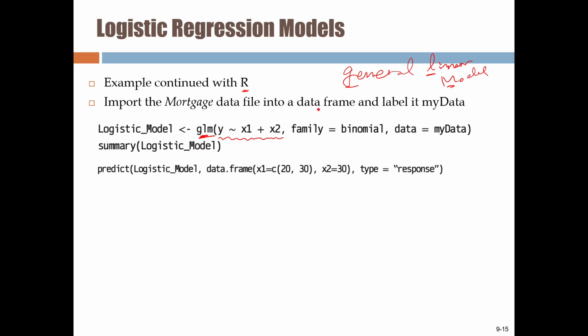The only different thing is this part: family is binomial. Once you set the family to binomial, this will automatically do the logistic regression. What I'm saying is the y is binomial, then this function will automatically choose logistic regression and do it.